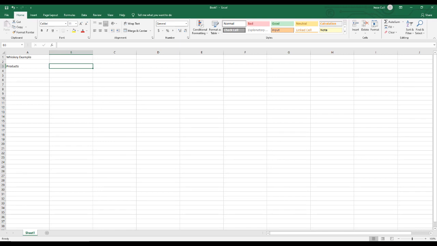So let's begin. Rye, bourbon, cost $2, $1. Now what I'm going to do is we'll move over here. And again, it doesn't matter as long as we use solver effectively.